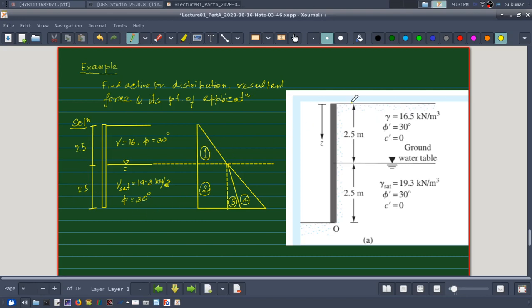Now what is this portion? Let me write earth pressure at Z equal to 2.5 meter. Let me first find out what is Ka.